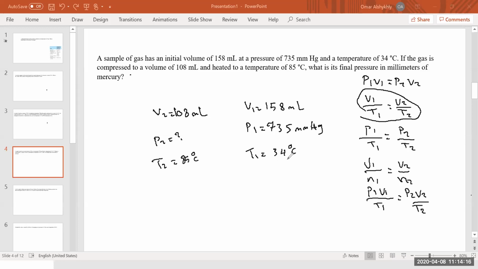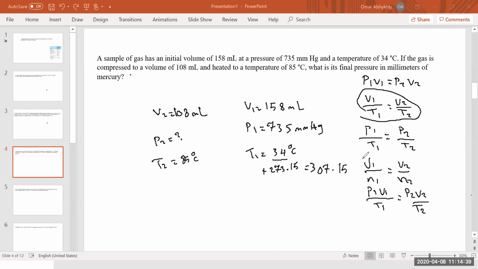First of all, add 273.15, you will get it in Kelvin. So this is the first step. So 34 plus 273.15, we will get 307.15.